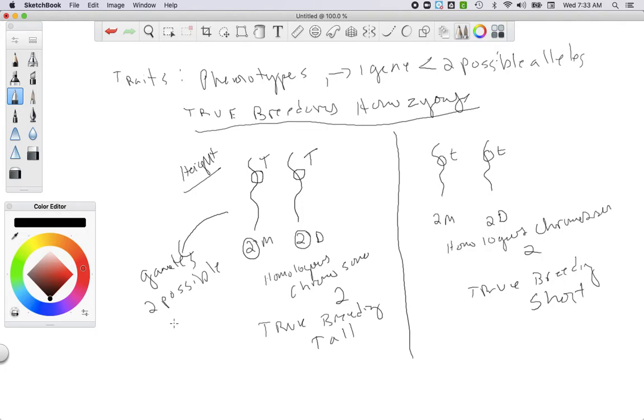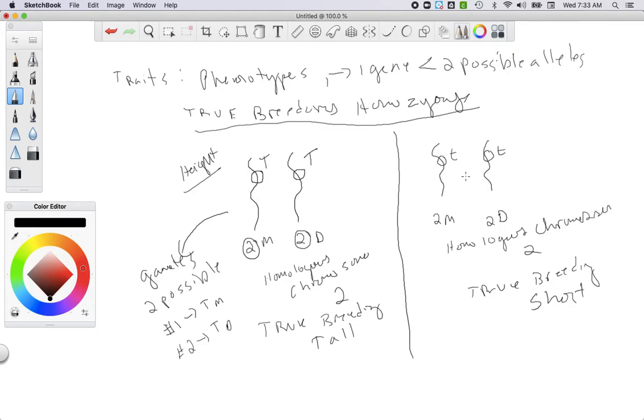The first one, gamete number 1, could have the capital T that came from this pea plant's mother, the maternal capital T. The other gametes would have the capital T that came from the paternal chromosome. So they would both be the same. They would both have capital T's in them. But one of those capital T's came from the maternal chromosome and the other one came from the paternal chromosome.